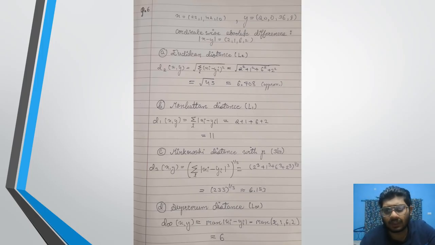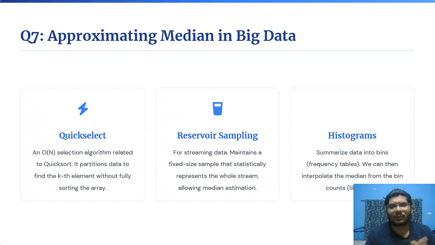Now we will go to the next question, approximating the median in big data. What is big data? Big data is a warehouse that can store large amounts of data. The first one is quickselect, an O(n) selection algorithm related to quicksort. It partitions data to find the kth element without fully sorting the array.